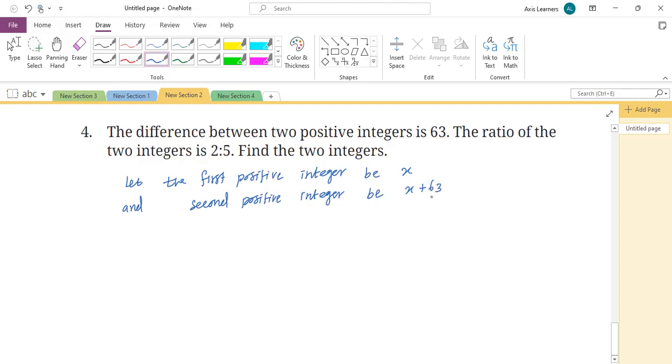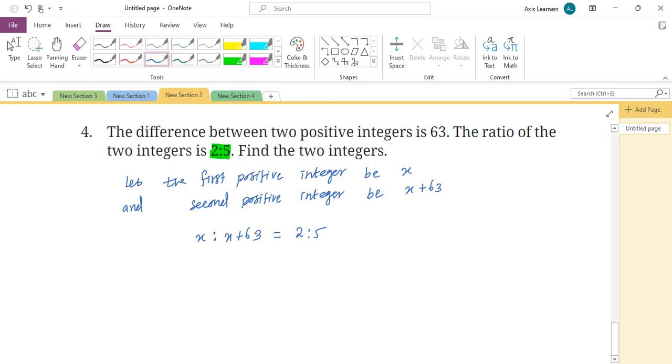Now you can check the difference between them is 63. Okay, then what they had given, the ratio of the two integers is 2 is to 5. So we need to find the ratio of x is to x plus 63, because both are positive integers. x is smaller, x plus 63 is bigger, so we need to write it as x is to x plus 63, so that we will obtain 2 is to 5.